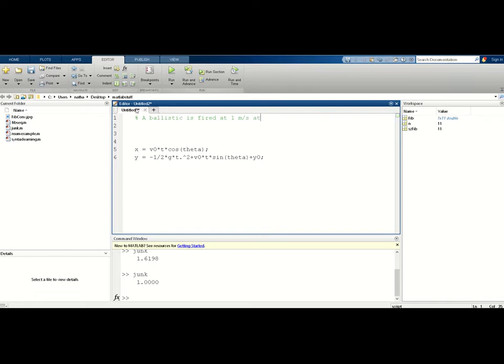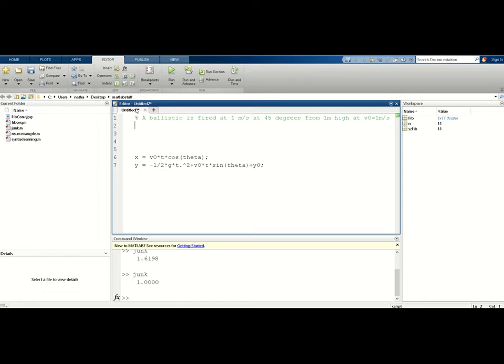At 45 degrees from 1 meter high. Do we need anything else? At V naught equals 1 meter per second. Then we can really build this thing out.